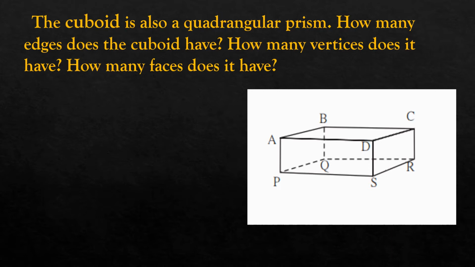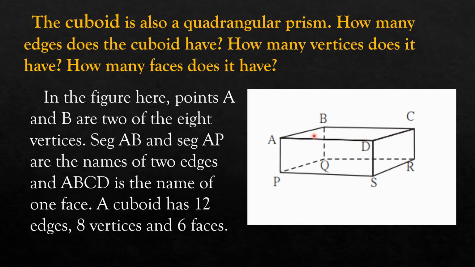So, how many edges does the cuboid have? How many vertices does it have? And how many faces does it have? That we have to find out. So let's see. In the figure here you can see points A and B are two of the 8 vertices.